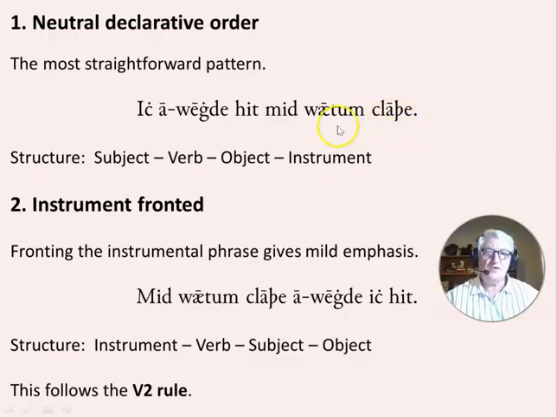I can just point out too that even if the preposition mid is gone from there, then the instrumental form wētum clāþe, you could have ich āwēģde hit wētum clāþe. That would be an even earlier version. The preposition started to appear later in the early West Saxon. But even earlier, you could dispense with that and have this in its instrumental form.